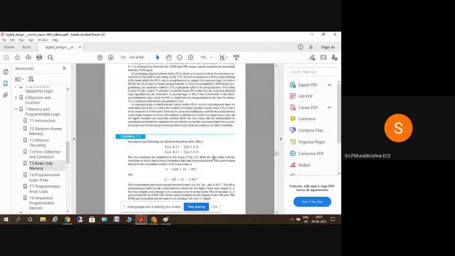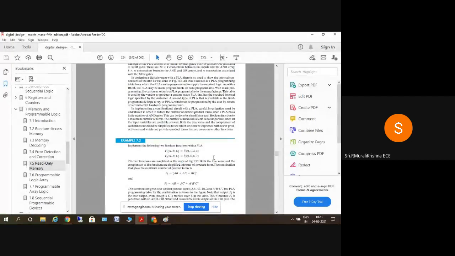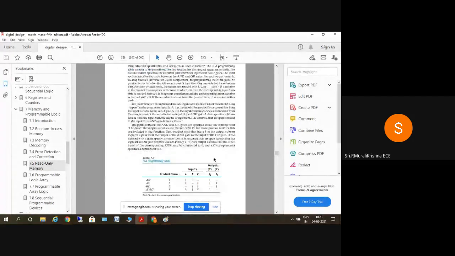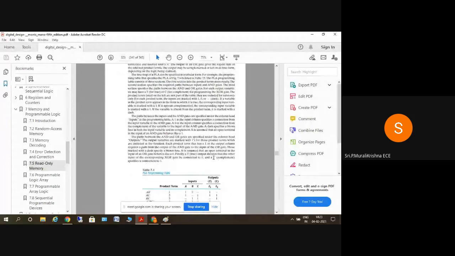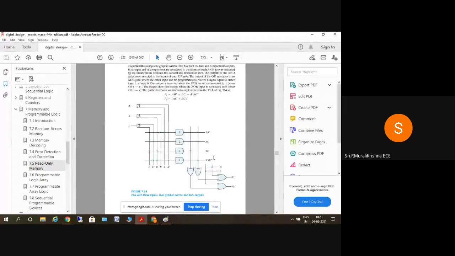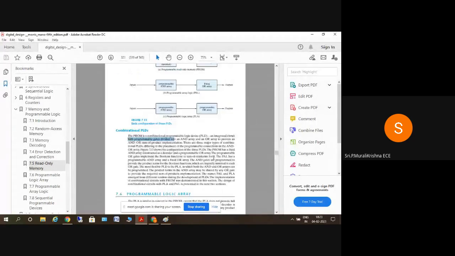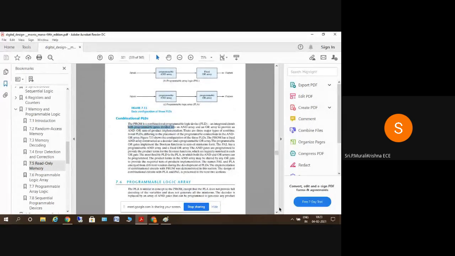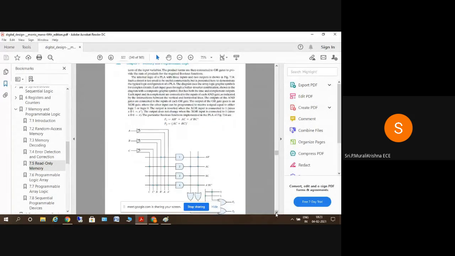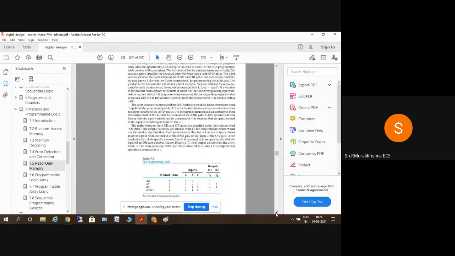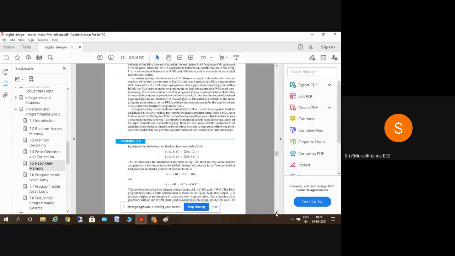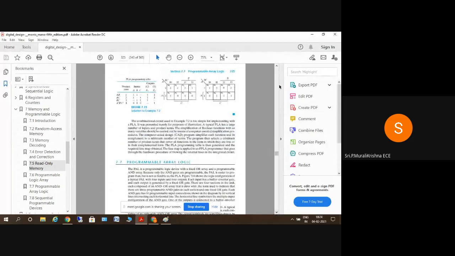Wait a minute. I think in this textbook it's not mentioned. So in my textbook, another example is given. No problem, so you tell me. So this is the example, right?